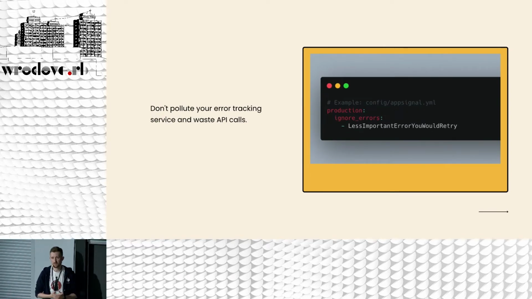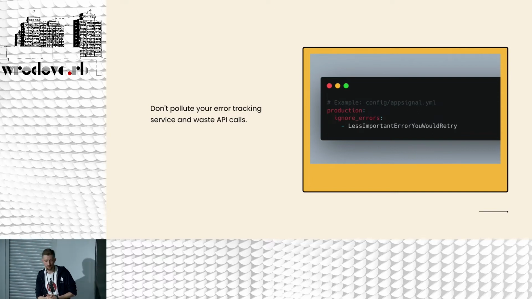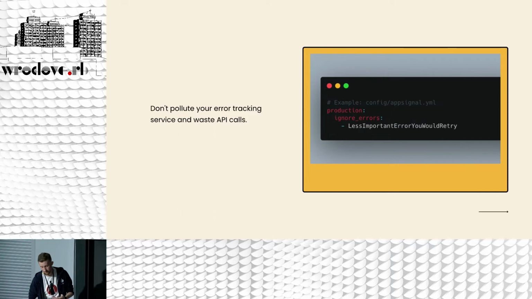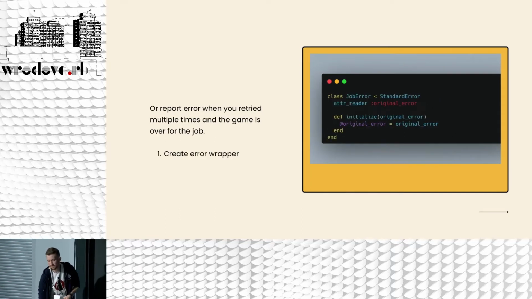And if we are talking about retrying, which I mentioned before, sometimes we don't want to log errors in our monitoring service. Here's the example from AppSignal, but you can also do this for providers like Rollbar or any other. And the idea is that we should not log the error unless it's a final error, because the job might succeed and this error is not needed in most cases in the monitoring service.